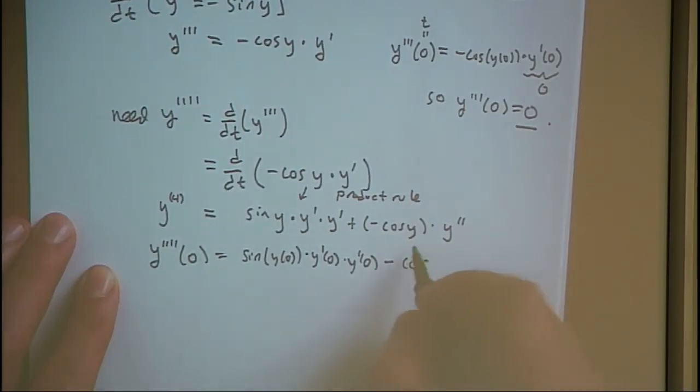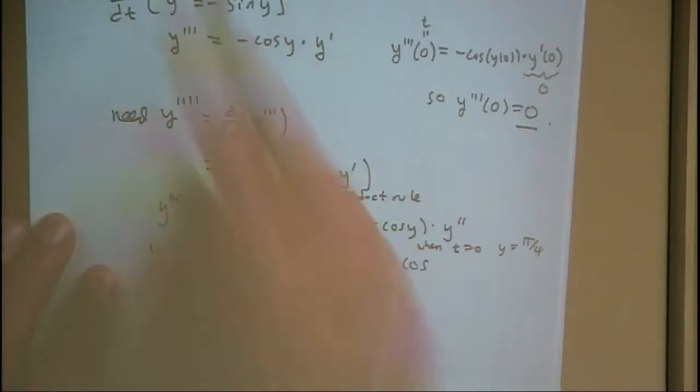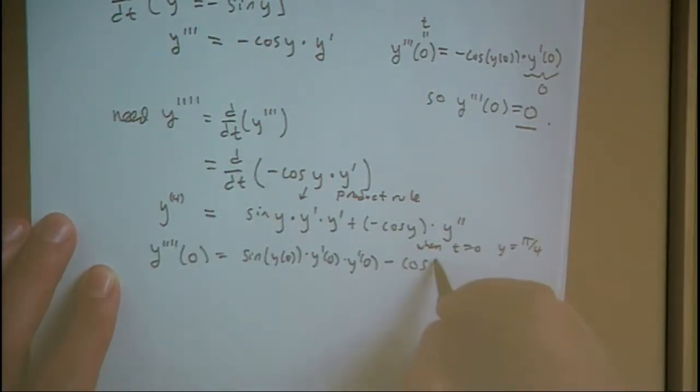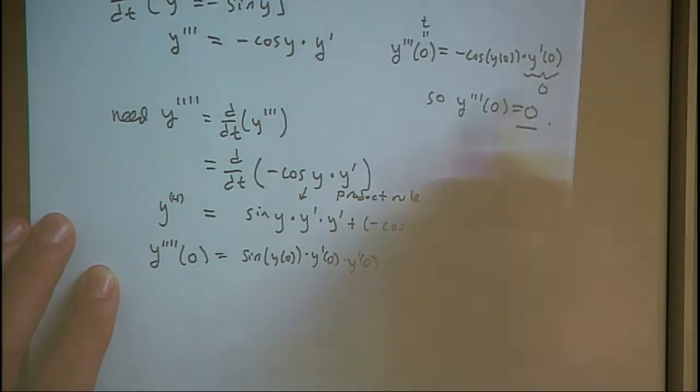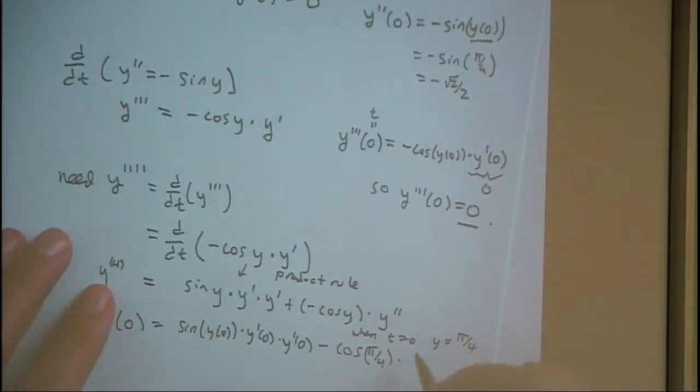This is y of 0. So when t equals 0, again, y is pi over 4. Right, that's our initial condition way back up there. Okay, so this is actually pi over 4 times y double prime at 0, but we did that already. Y double prime of 0 was minus square root of 2 over 2.